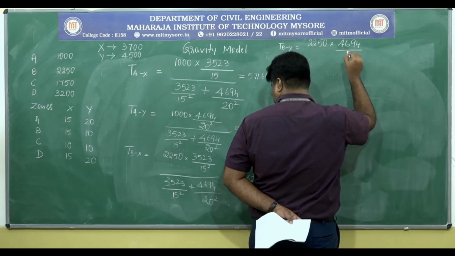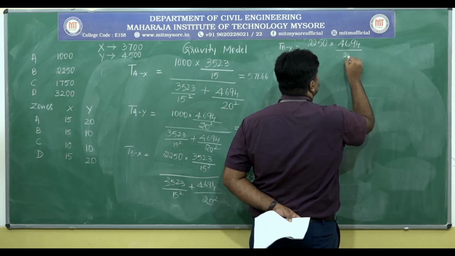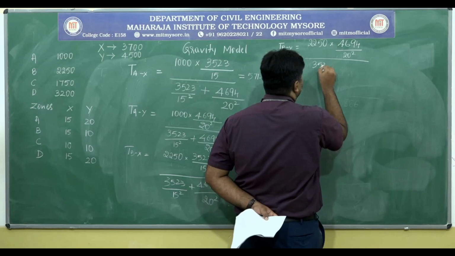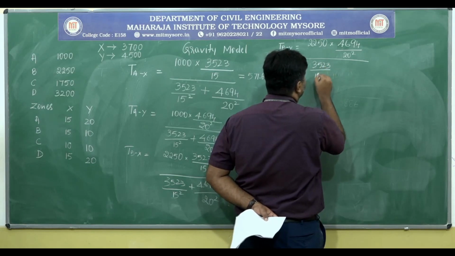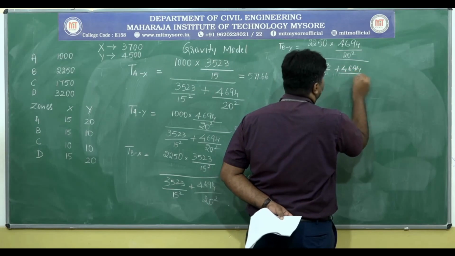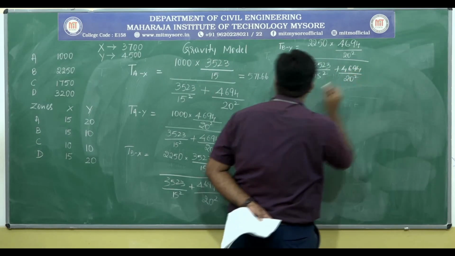The time is 20 squared, whole divided by 3523 divided by 15 squared plus 4694 divided by 20 squared.